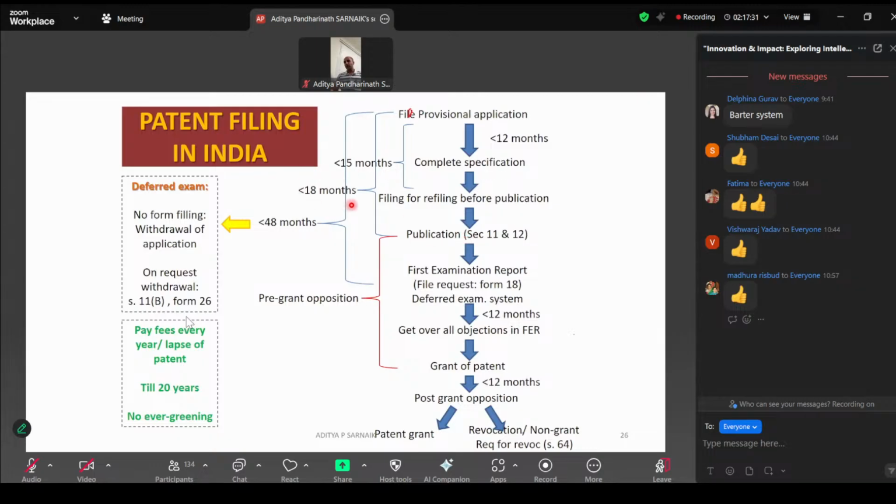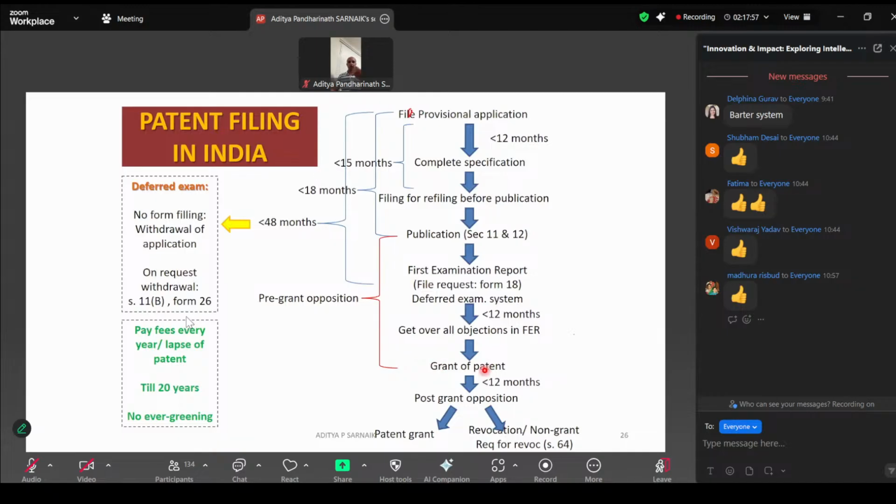Once it is published, within 18 months of the filing of the provisional patent, it goes through first examination. Now it is a deferred examination system, meaning you have to pay to request that your patent be examined. So that is the Form 18 that you have to file. And after the first examination report is out and all the objections are cleared, you get a grant.